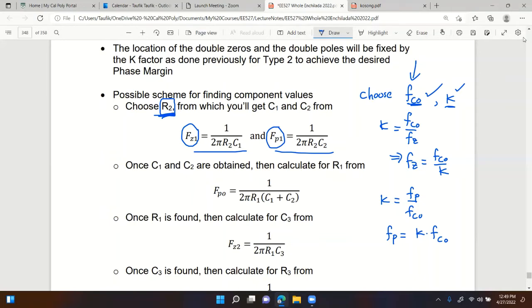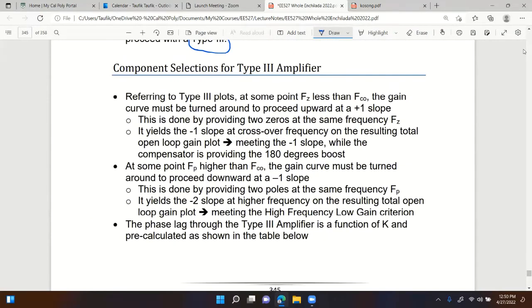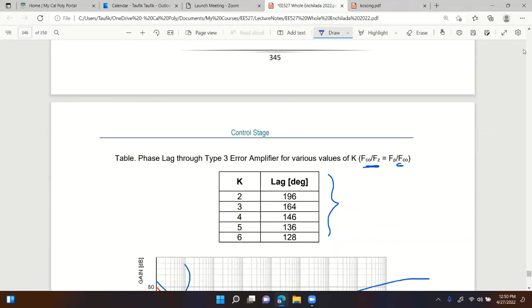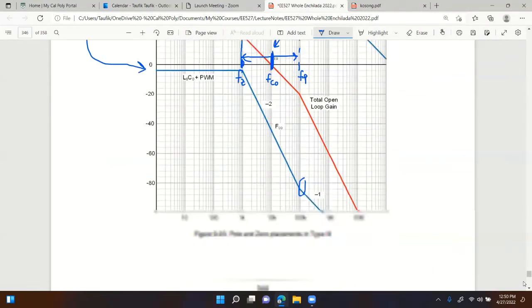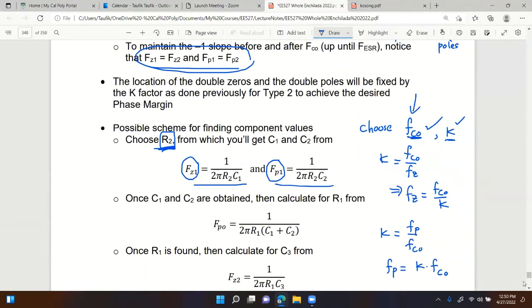Pick a value from the table: either 2, 3, 4, 5, or 6. Maybe the midpoint, it's up to you. Once you get K and FC naught, you get FZ and FP, and then you pick R2. Since I know FZ, FP, and R2, I can solve for C1 and C2. Agree? Any questions?